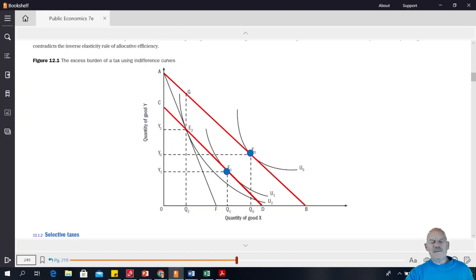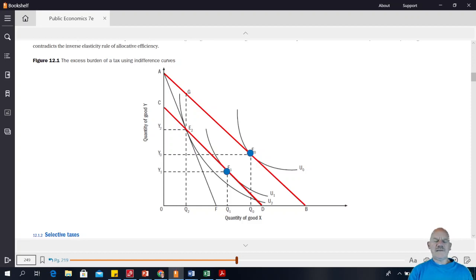So you remember that the income effect is a parallel shift of the budget constraint. So we start with equilibrium on budget constraint AB, and the consumer maximizes utility at E0. Then a lump sum tax is levied, which means that a certain amount of income is taken away, and it's important to note that relative prices don't change.